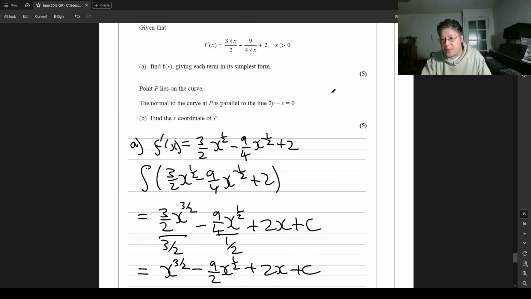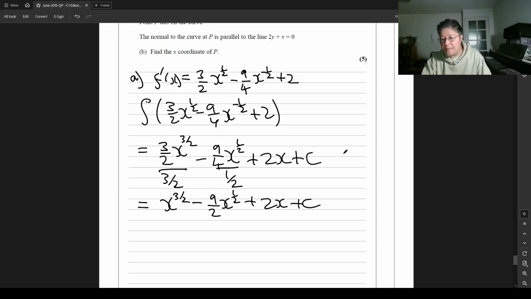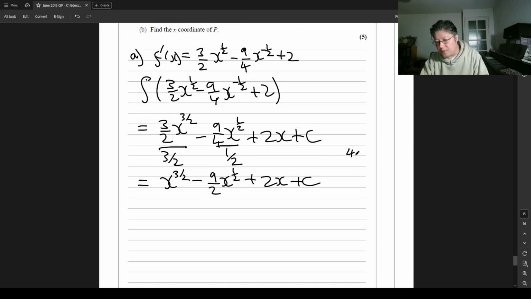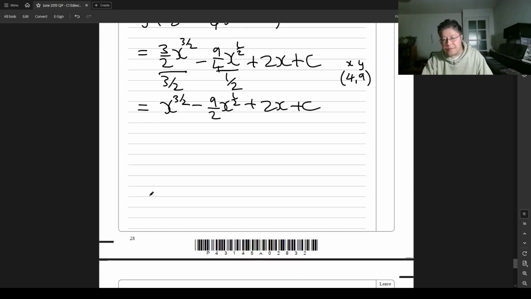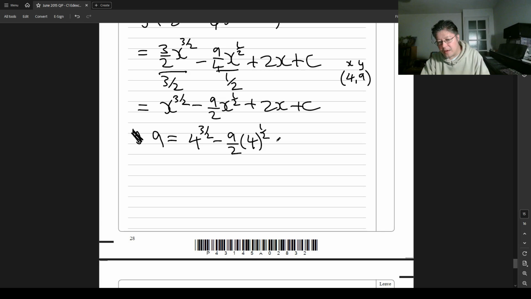And now we can work out what c is. We're going to plug in the point 4, 9. So 4, 9, that's our x and y coordinate. So we end up with y, or rather 9, equals 4 to the 3 over 2 minus 9 halves 4 to the half plus 2 times 4 plus c.